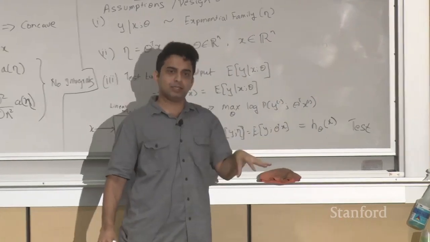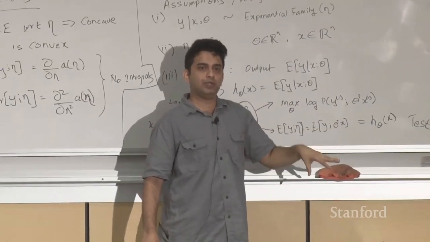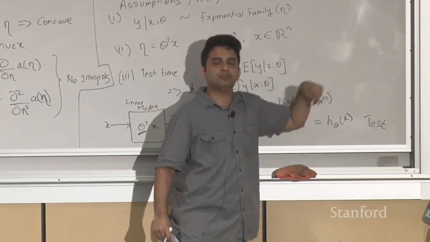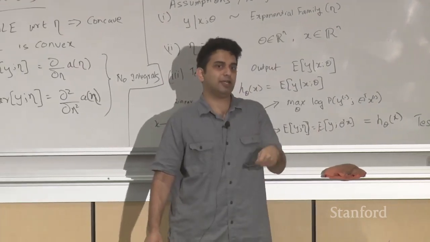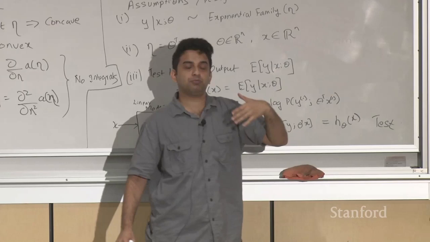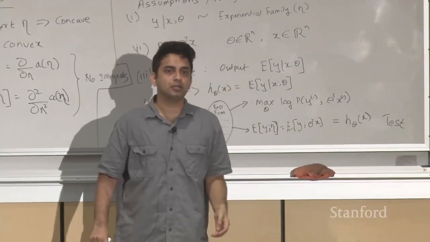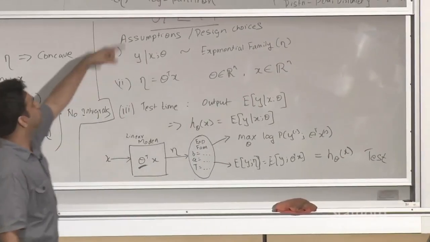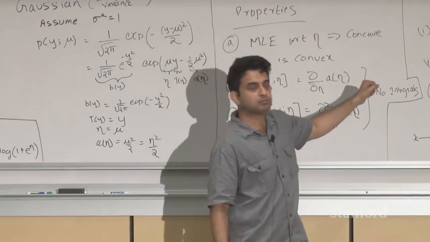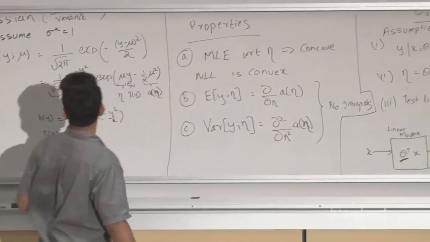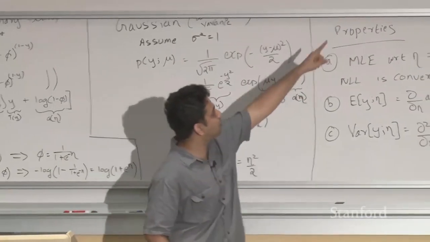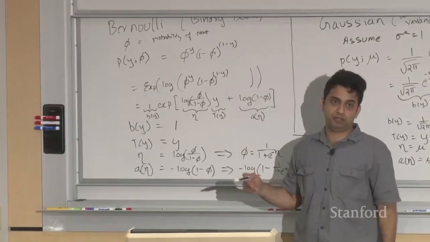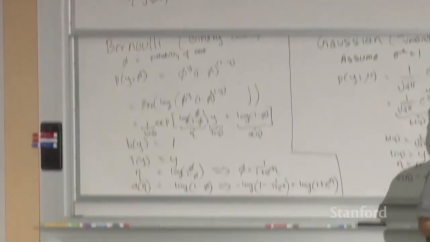So the task, in a way, influences you to pick the distribution, and most of the times that choice is pretty obvious. If you want to model the number of visitors to a website, which is a count, you want to use a Poisson distribution, because Poisson is a distribution over integers. So the task pretty much tells you what distribution you want to choose, and then you go through this machinery of figuring out what h theta of x is, and you plug in h theta of x over there, and you have your learning rule. Any more questions?